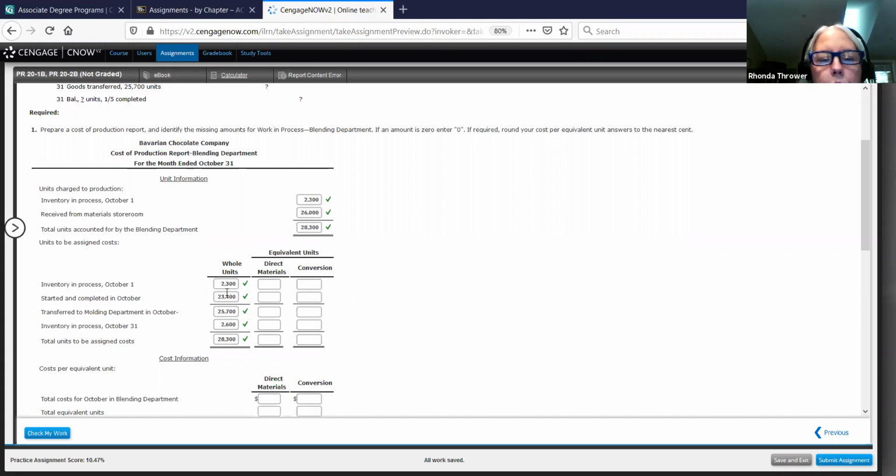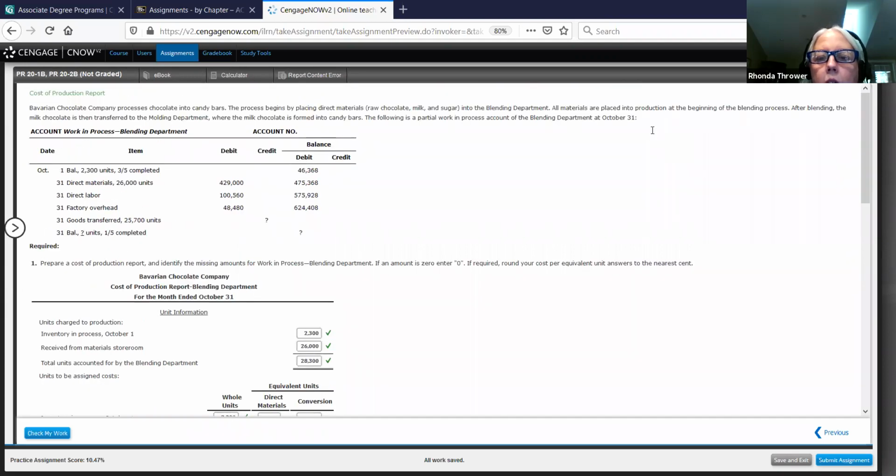Since my whole units were already accounted for in materials from last month, because our directions told us that all the materials were placed into process at the beginning of the period.